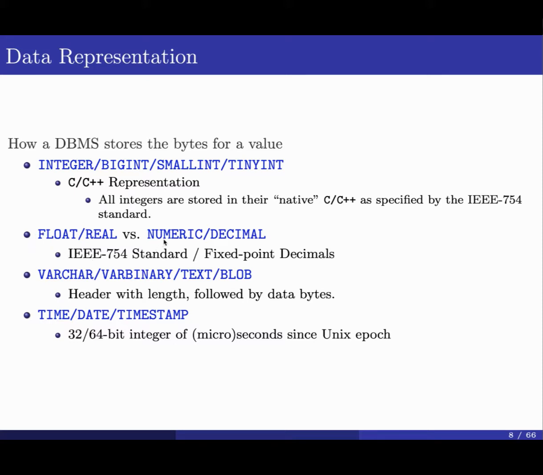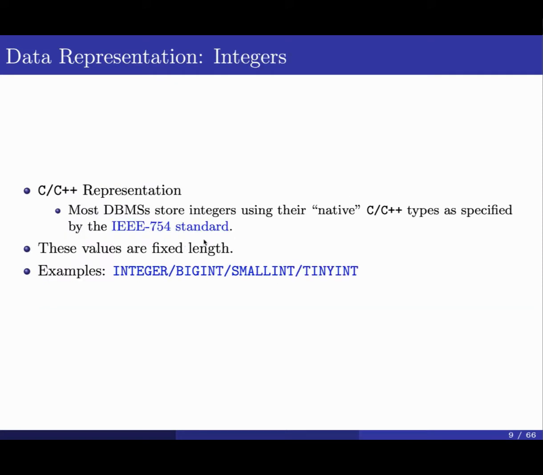Okay. If you use numeric and decimal, that means you have to use the fixed point decimal, which I'm going to show, in order to ensure that the accuracy of the data can be preserved. I'm going to elaborate on this one later in more detail, okay?